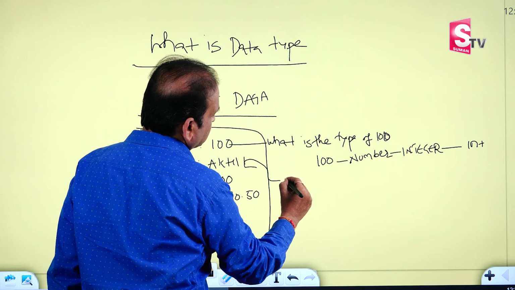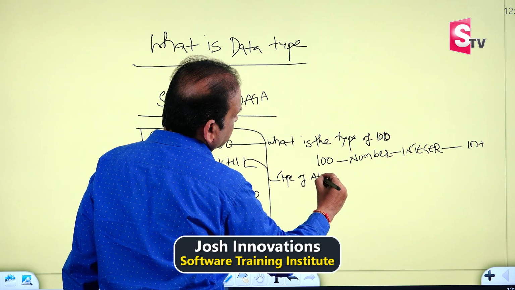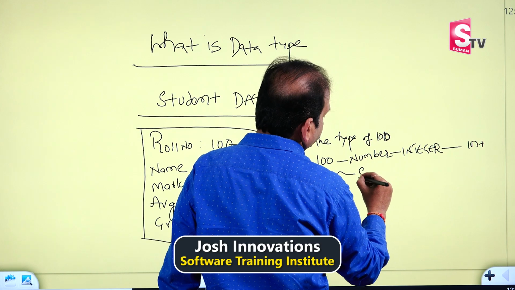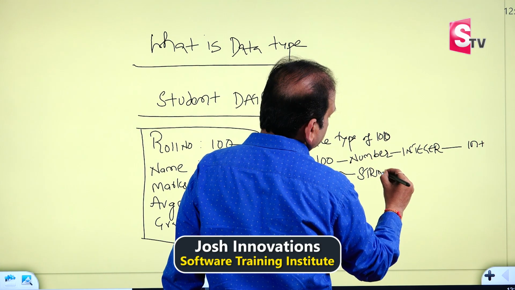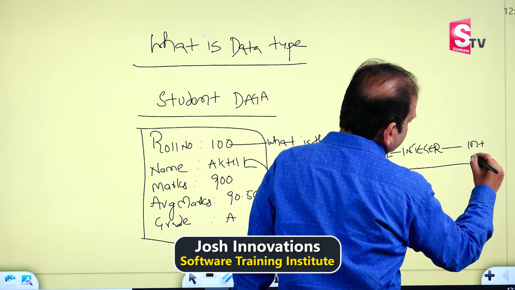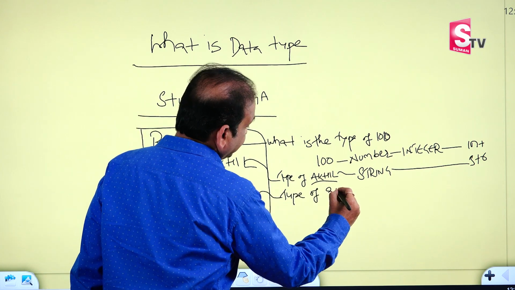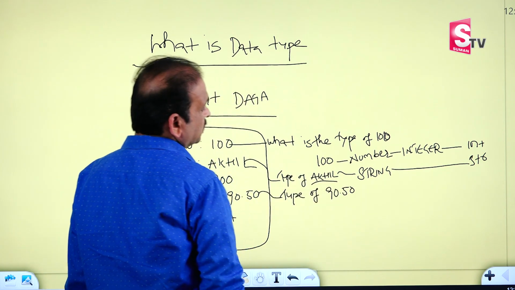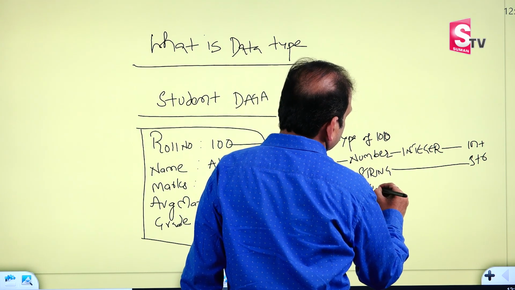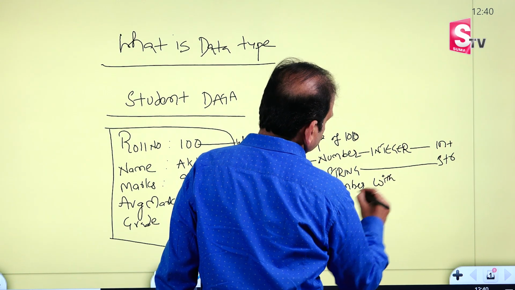What is the type of Akhil? Type of Akhil is a string. Generally we say it is a string. So in short in Python we say str. Same way, what is the type of 90.50? The type of 90.50 is generally a number with a decimal point.